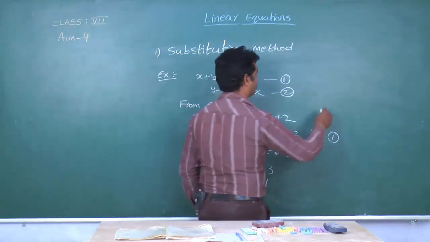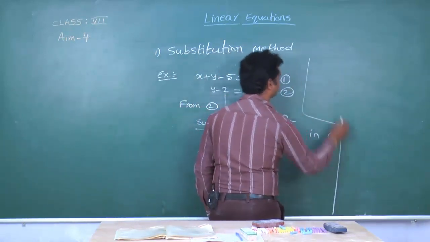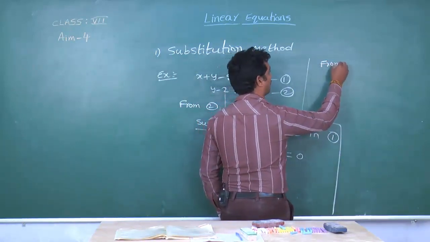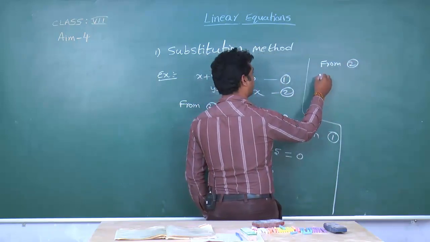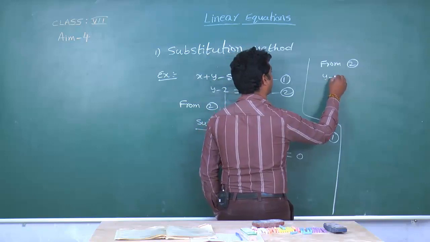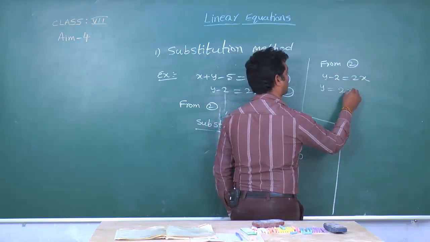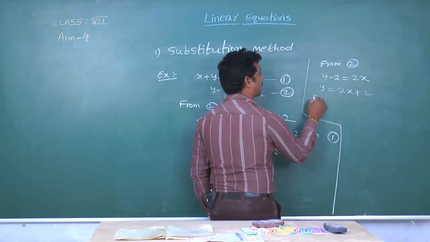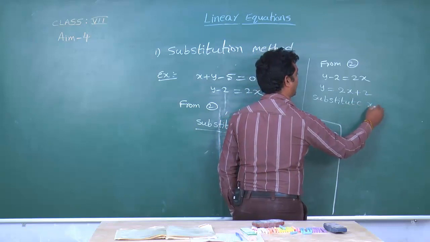From 2, y minus 2 is equal to 2x, y is equal to 2x plus 2. Substitute x equals 1.